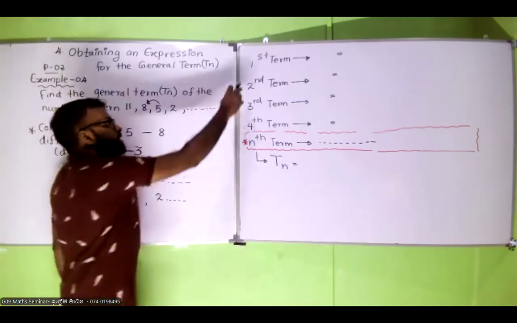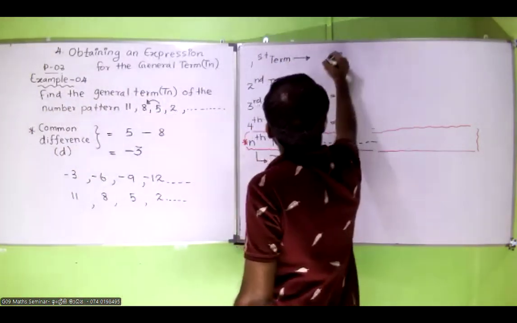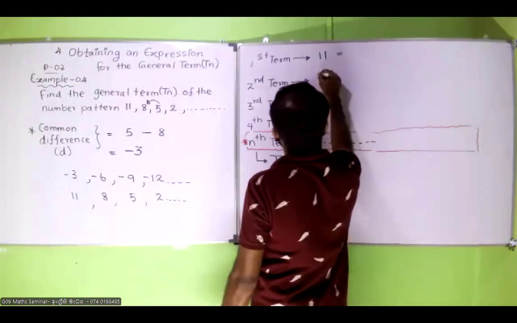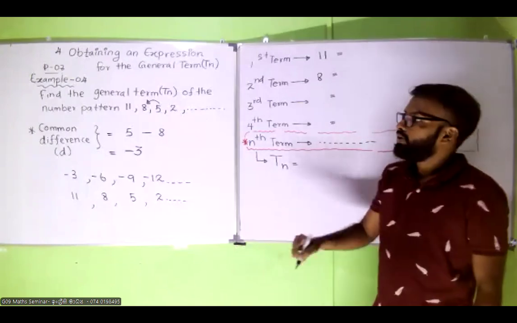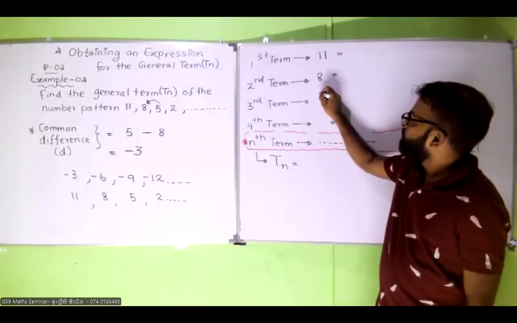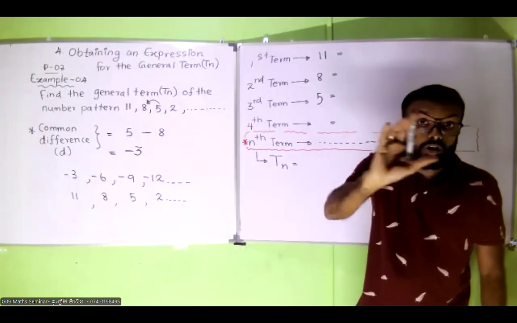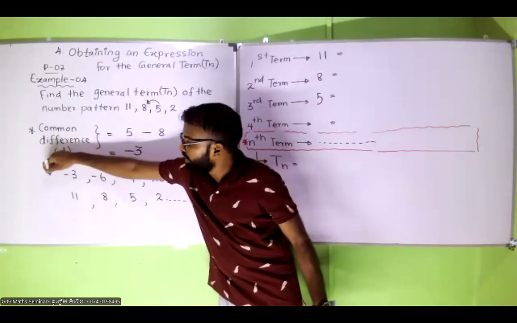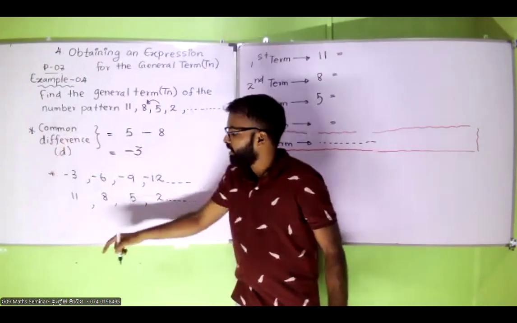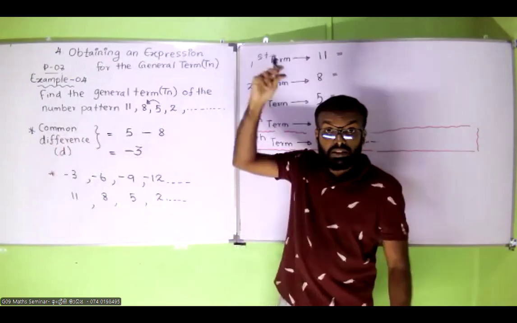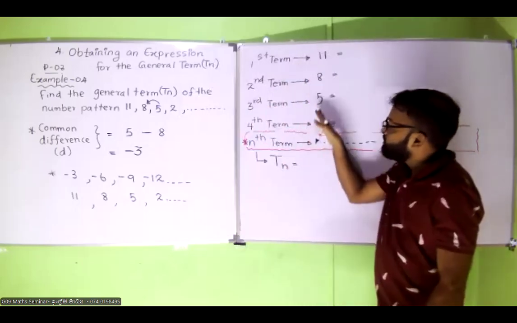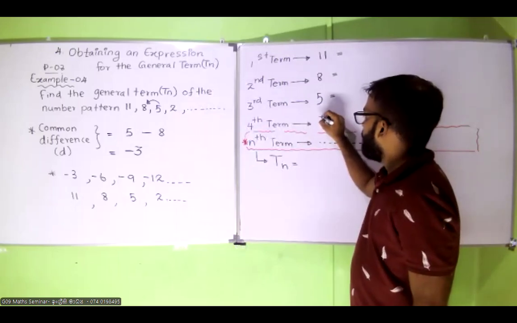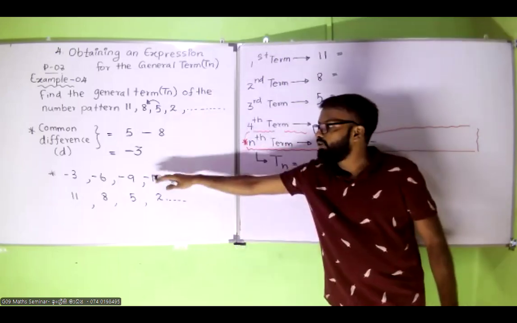So the first term of the number pattern is 11, the second term is 8, the third term is 5, and the fourth term is 2. Don't mix up these two.